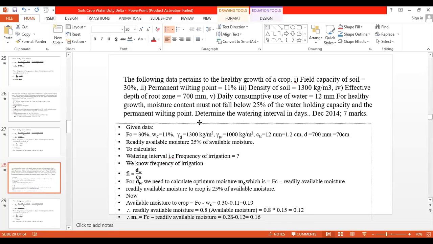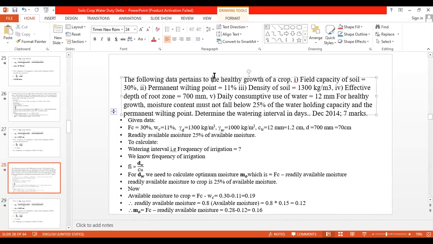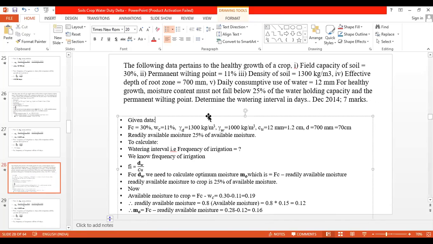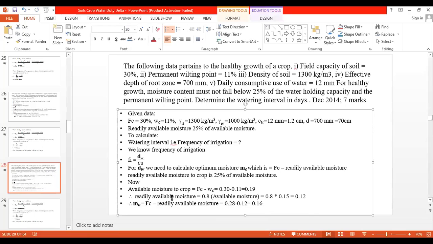Then from that we can calculate the next parameter, the readily available moisture, that is 25%, meaning 0.25 of available moisture, that is 0.25 into 0.19, which is 0.0475.